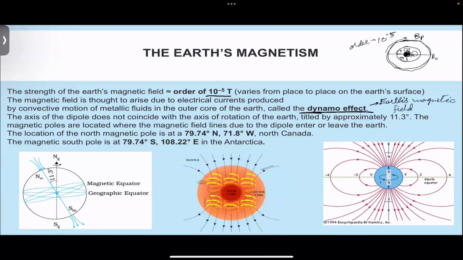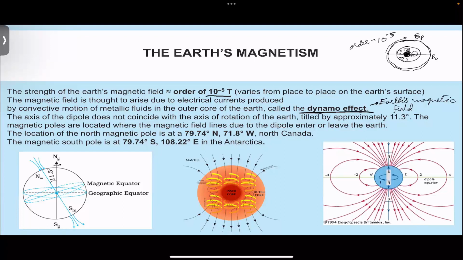Now there are some differences. We already know that the Earth's axis is tilted, and we have a North Pole and the South Pole. But there is a difference between the geographic North Pole and the magnetic North Pole.